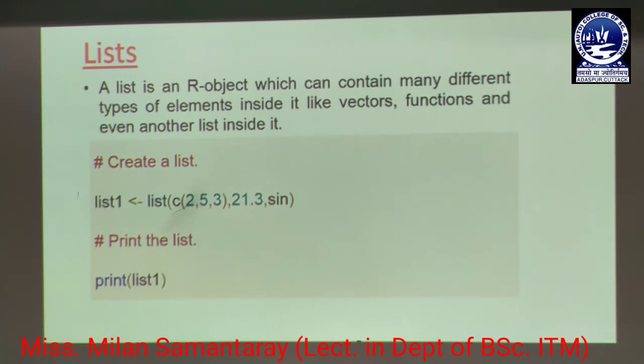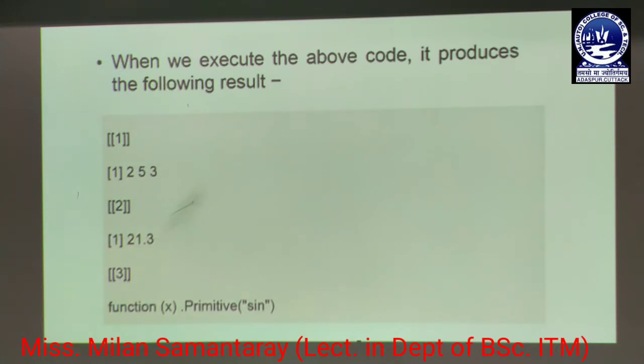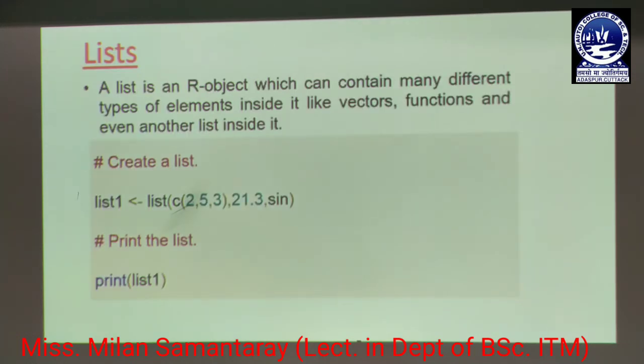And then print, when we want to print the list, then we have to print only list1. That means here we named the variable list1, and this is a function list, and we can give the arguments or the elements within this list function, any vectors or any functions or any type of values also. So, when we execute that code, it will produce this result. It will display 2, 5 and 3, because here we have written C 2 5 3.